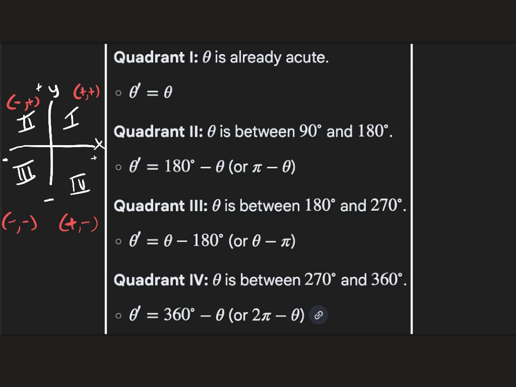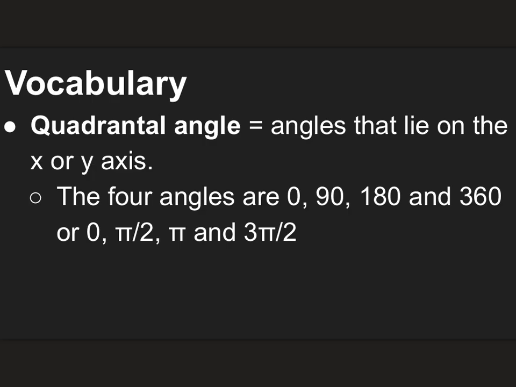Theta prime is just the adjusted angle. Or they give us 2 pi minus theta, theta minus pi, and 2 pi minus theta in quadrant 4. Okay, here is one more: quadrantal angles. You may never see this, but I'm just putting this out for you.